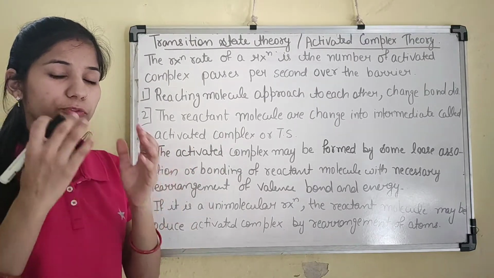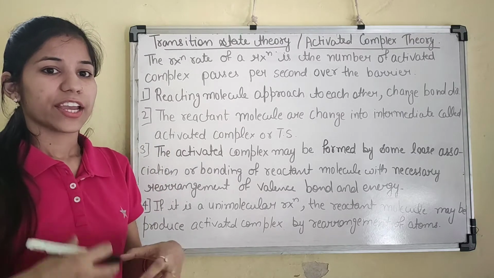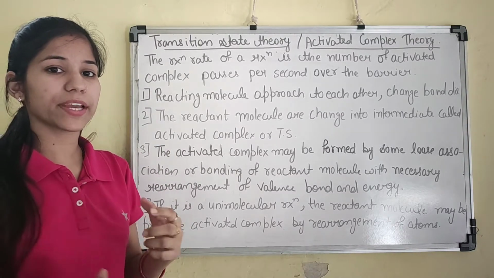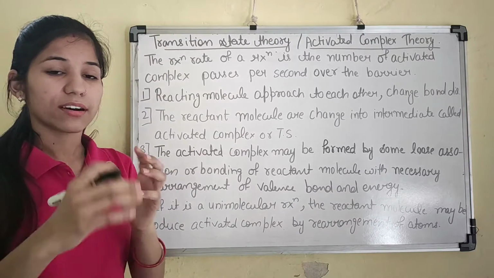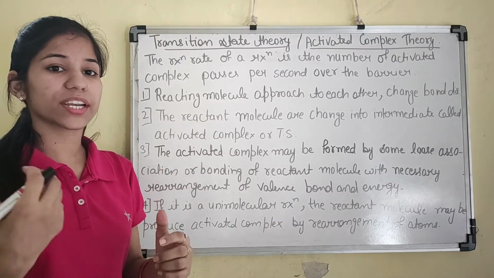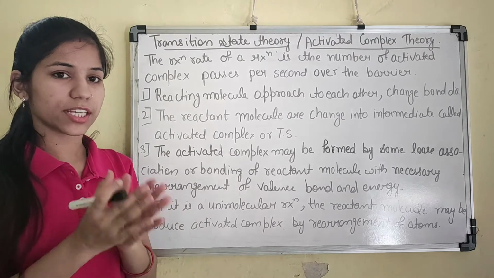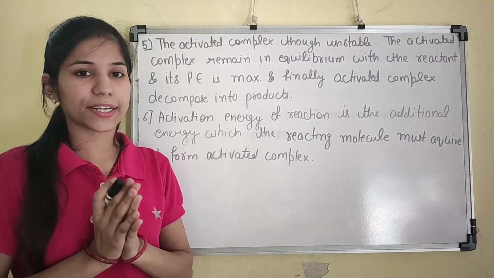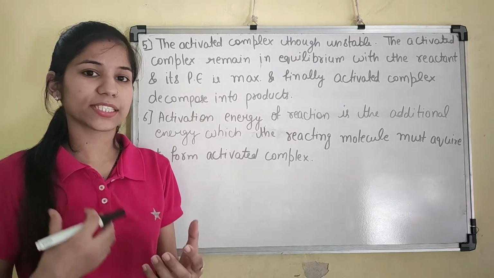The fourth postulate is that if the reaction is a unimolecular reaction, it can be converted into the activated complex due to the rearrangement of atoms in the molecule. The fifth postulate is that the activated complex is unstable.